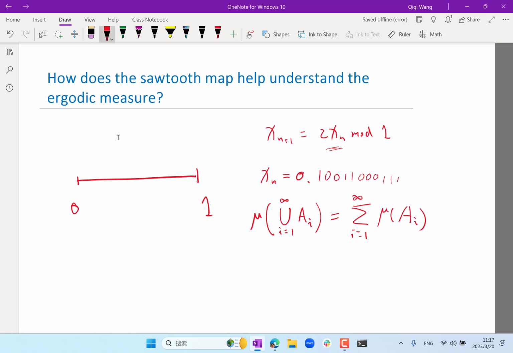You can list all possible numbers with finitely many digits in an infinite series that covers all of them. As a result of this countable additivity property, all finite digit numbers form a countable set, so the probability that you throw a dart and get a finite digit number is exactly 0.